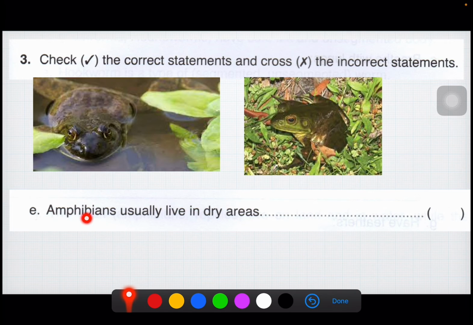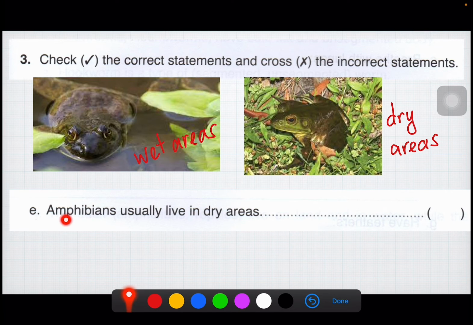Next, amphibians usually live in dry areas. As you can see, these are pictures of amphibians. This is a frog and this is also a frog. But as you can see, frogs live in wet areas also. So this is a wet area, and this is a dry area.